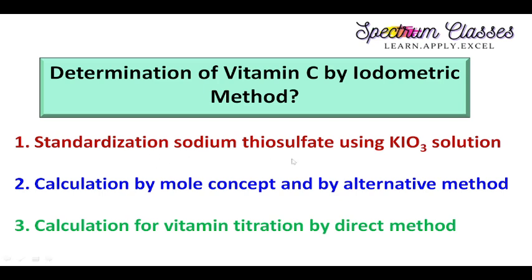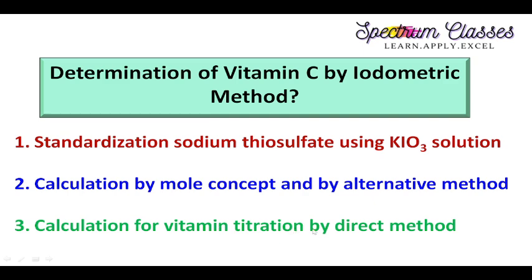First is standardization of sodium thiosulfate with potassium iodate solution. Second is calculation based on the mole concept, because many students are very confused with this mole concept, so I give you an alternative method also. And the third part is calculation of vitamin C by the direct titration method. So we will minimize the calculation part here again, right?